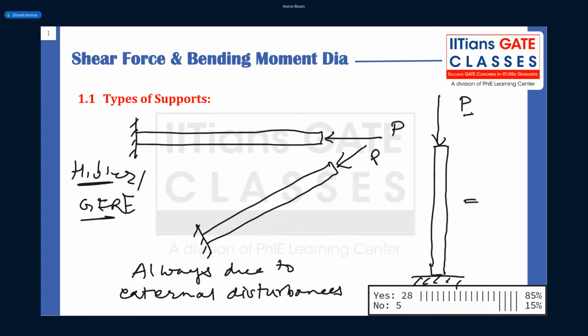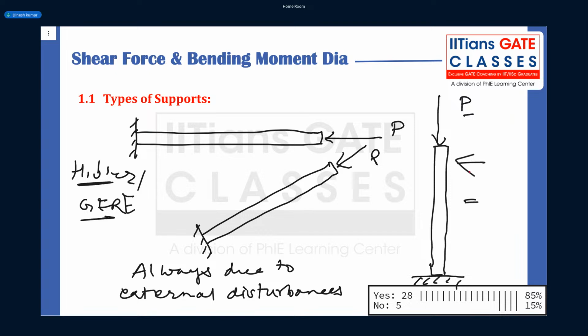Heat is the external disturbance? Huh? It is not an external disturbance. It can be a gust, right? Wind, storm, right? Tsunami or earthquake, right? So, if you have any external disturbance, what will happen?